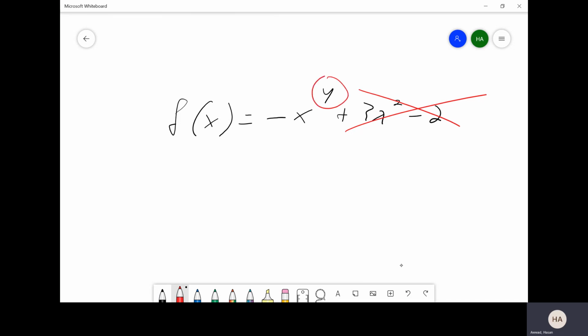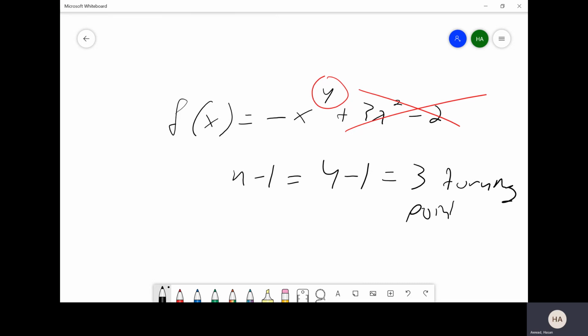The only thing that matters is our highest power, which is 4. So n minus 1 is 4 minus 1, which is 3 turning points maximum, right? You can't have more than this, and it's not guaranteed that you can have 3, but 3 is the most that it can have.